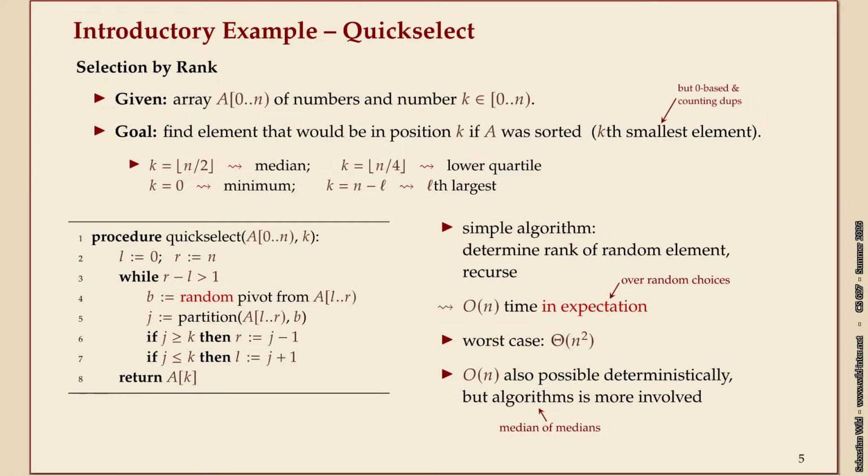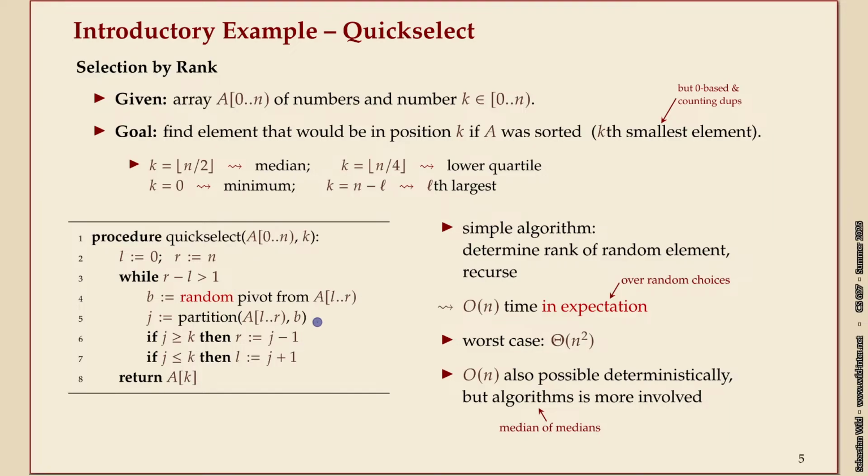What you learned in undergrad is the quickselect algorithm. There are different ways to write it, but here's the one with a loop. You're maintaining a range of the array where you still have to work. Initially, it's everything. And as long as that's not empty, you pick a random element from that range.